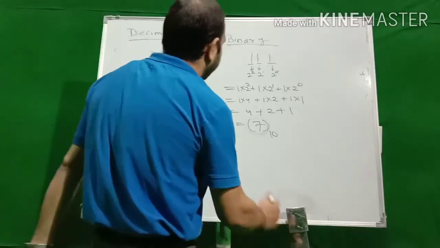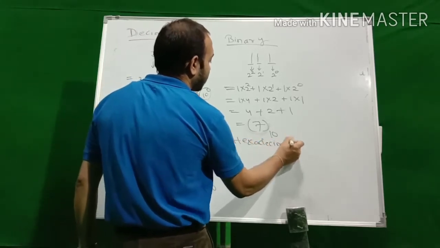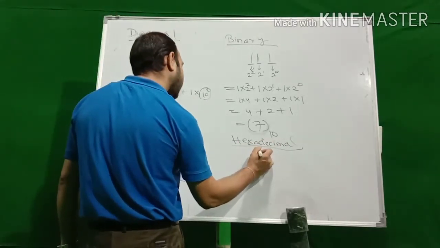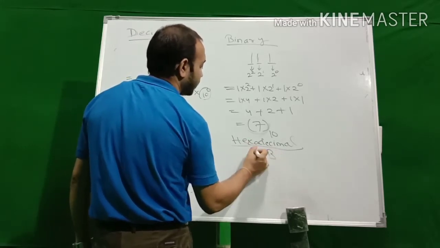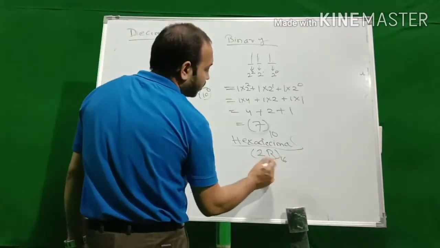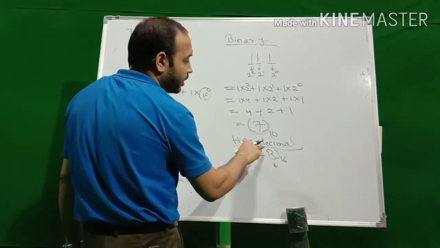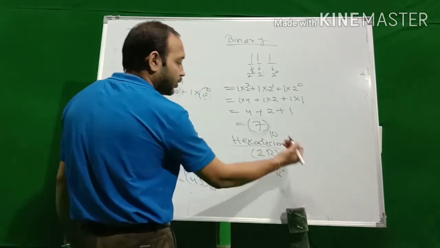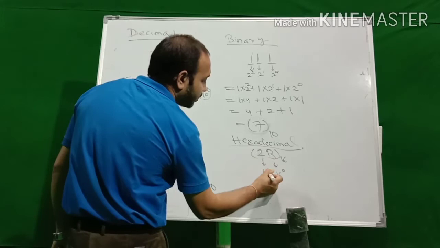Suppose you want to write in hexadecimal, now I will take hexadecimal. In hexadecimal, suppose you write 2B. The base is 16, so the position of B, we will start again. Now your base is 16. First we will take 16 power 0, now we come to the left side, so 16 power 1.